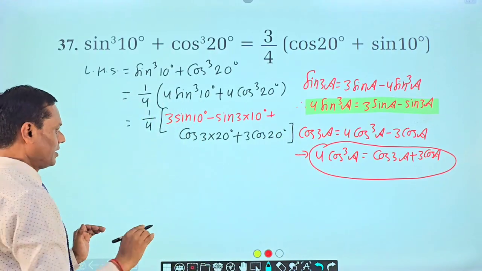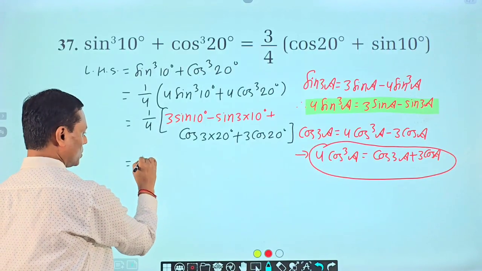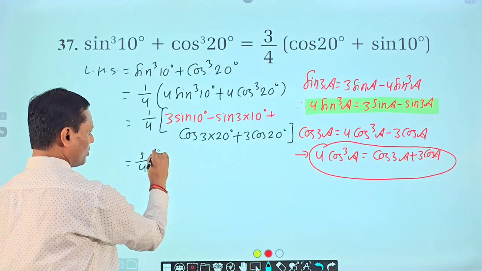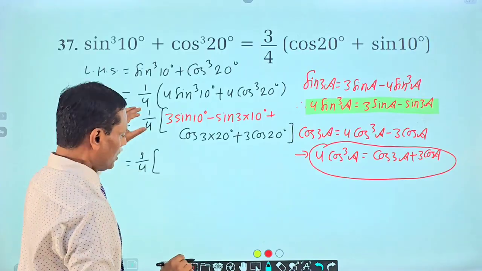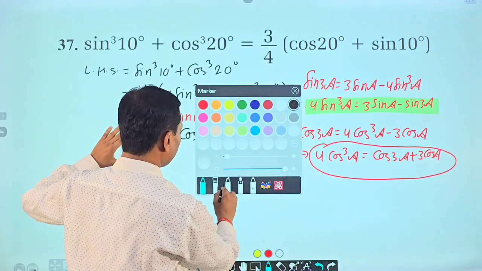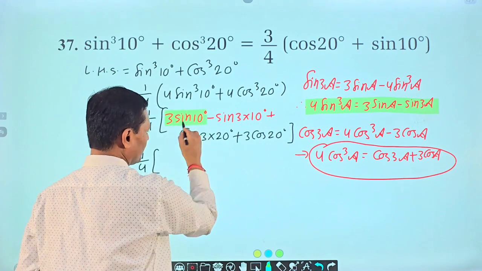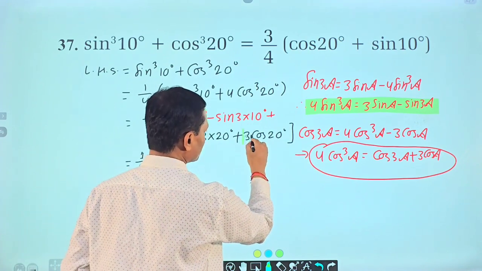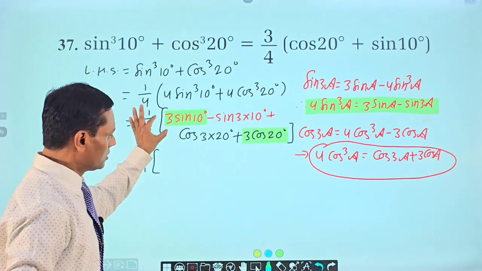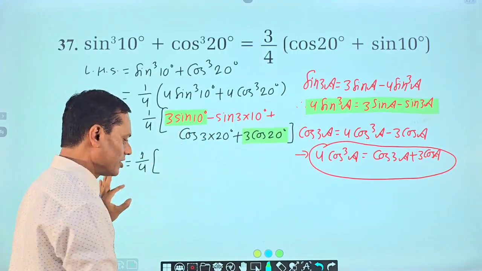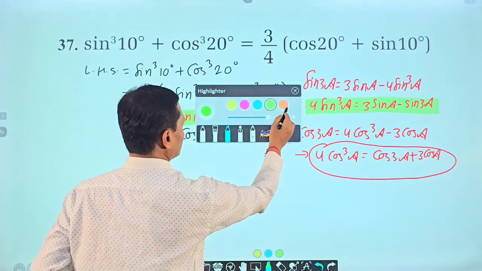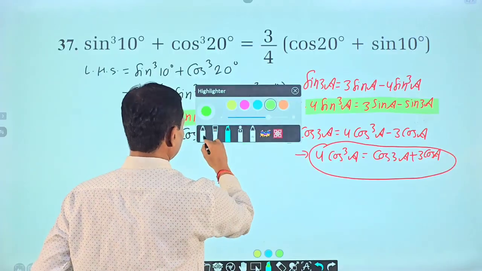Let's simplify it, okay? So we can write here 1 by 4 times. Now, once again look here, 3 sine 10 and 3 cos 20. So can you take 3 common? Definitely you can.